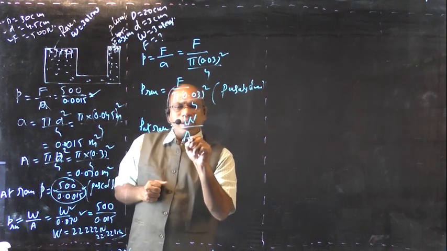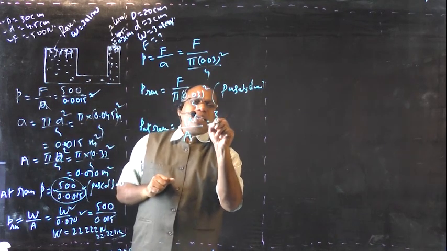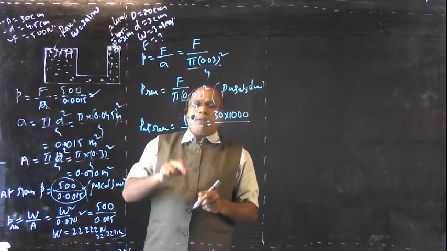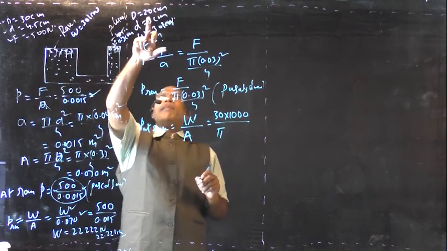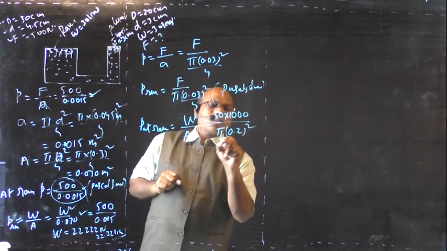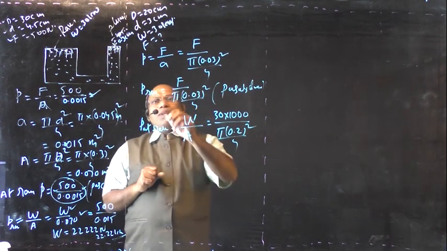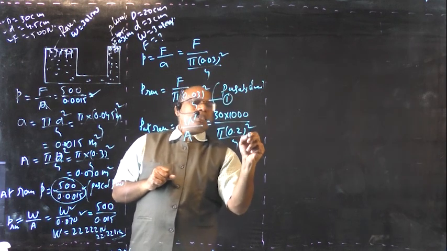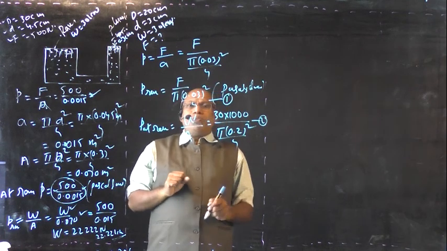Area of the ram: the weight is 30 kilonewtons, 30 into 1000 newtons, divided by area, that is pi into diameter of the ram squared, divided by 4. Diameter of the ram is given, that is 20 centimeters, that is 0.2 meters. As per Pascal's law, this is equation number 1, this is equation number 2, equation number 1 is equal to equation number 2.